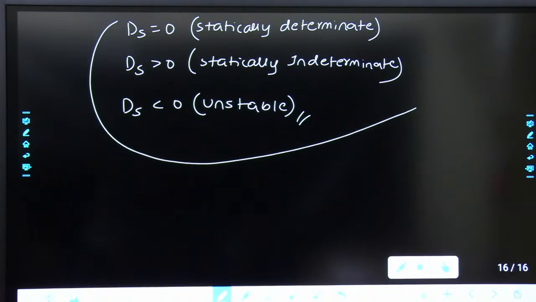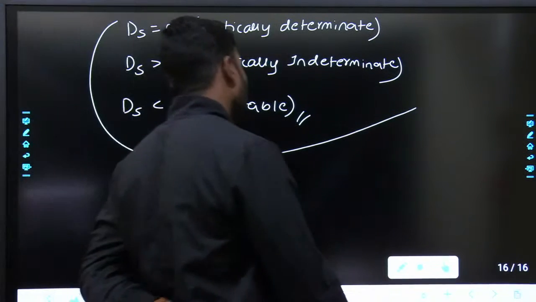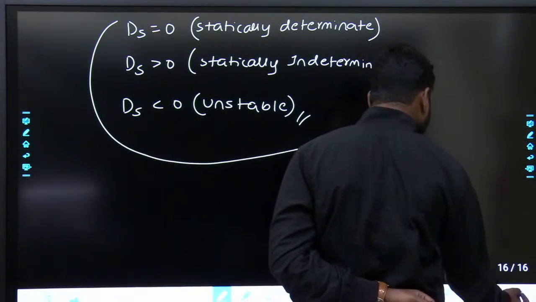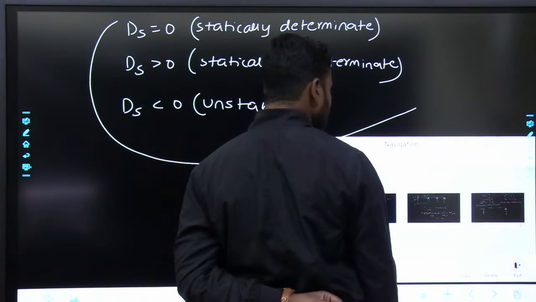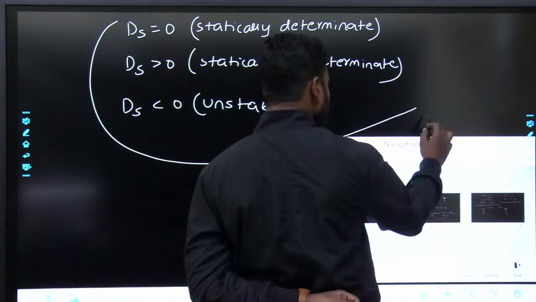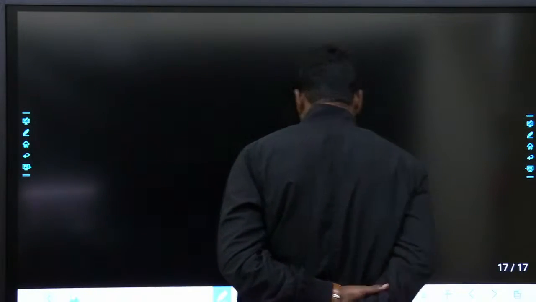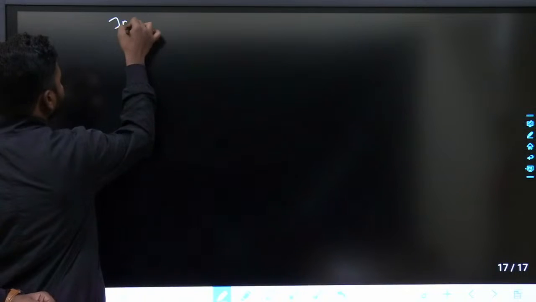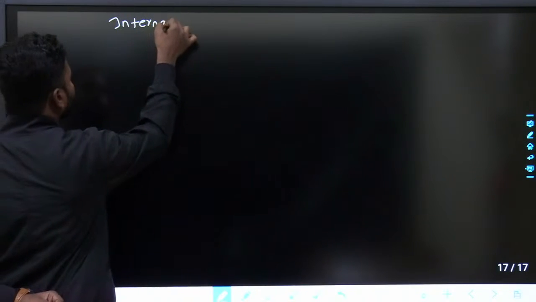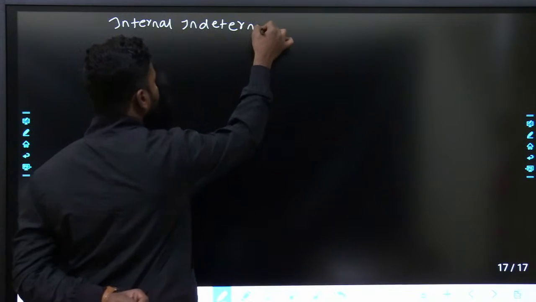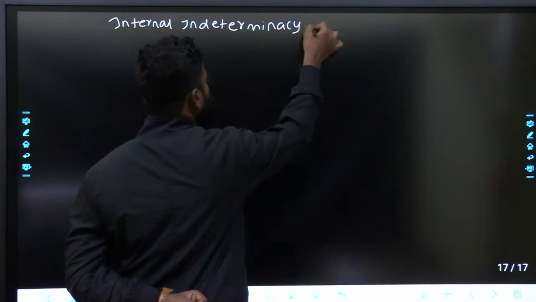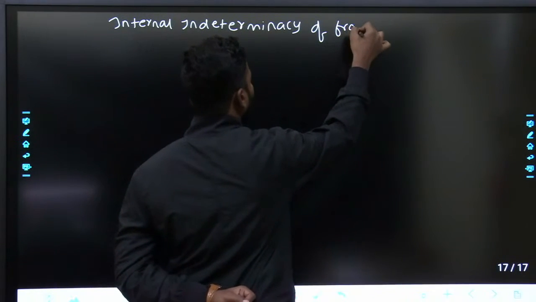Fine. I will go for frames. Is it okay? Yeah. See, the internal indeterminacy of frames.